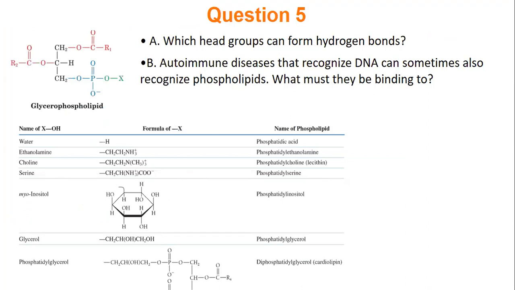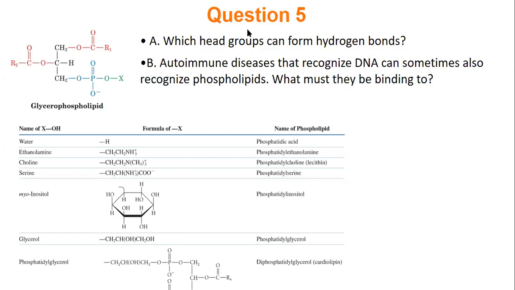Now, just as a general biochemistry question, since hydrogen bonds are probably the topic people struggle with the most, I do have a question here. Which head groups can form hydrogen bonds? And I think I have a poll for this. So here's a way to not only force you to look at these groups, but also test your general biochemistry.